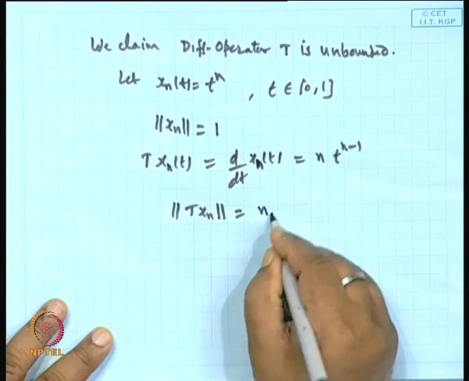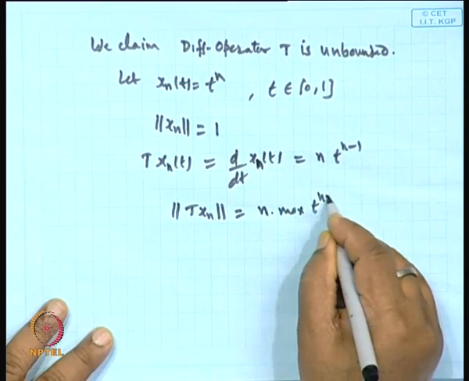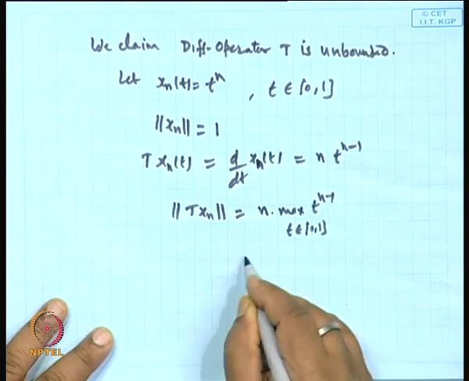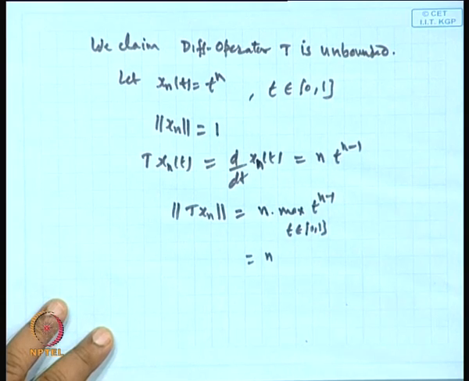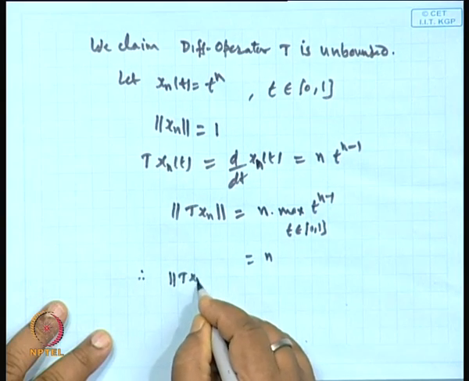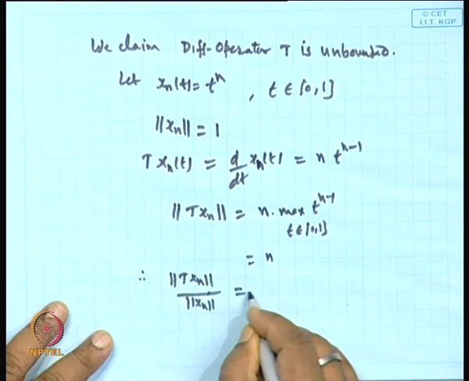So, it will be n into the maximum value of t to the power n minus 1 when t belongs to 0 1, and that is nothing but n. So, what we get here is that norm of T x_n divided by norm x_n will come out to be n.